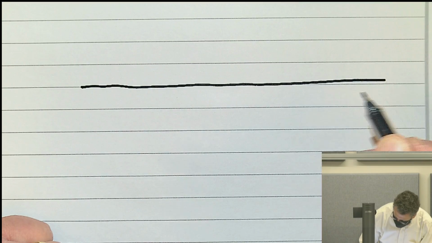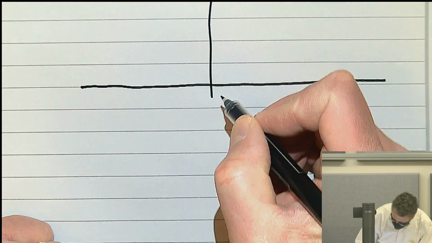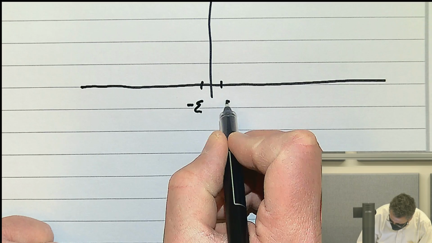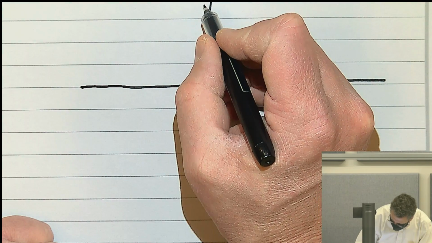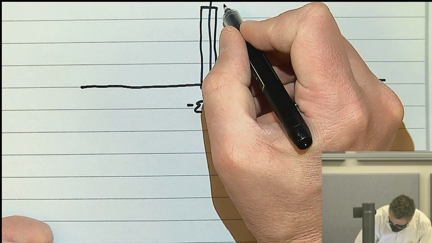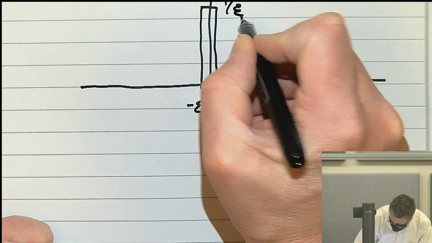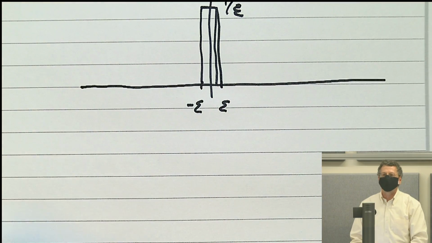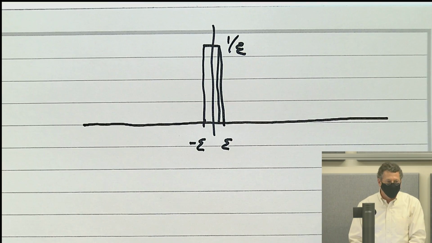A delta function, the idea is like, you have a rect. So the rect goes from minus epsilon to epsilon. And the height of the rect is 1 over epsilon. So as epsilon gets small, this thing gets really tall.